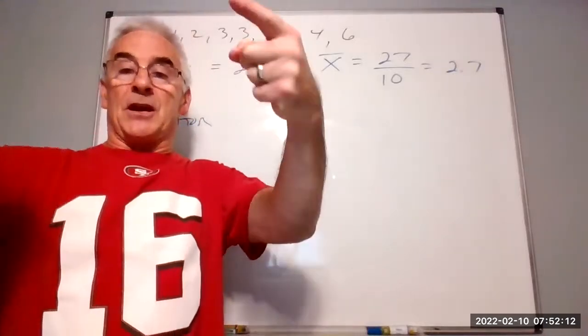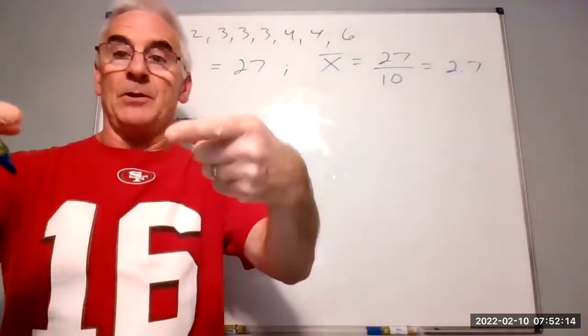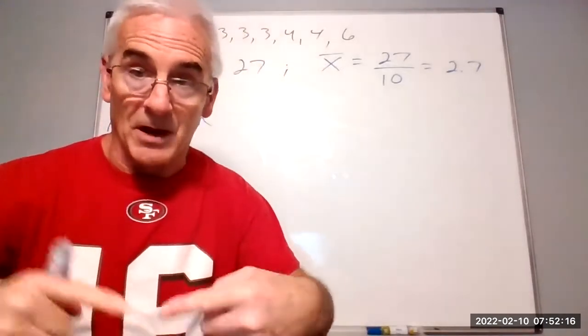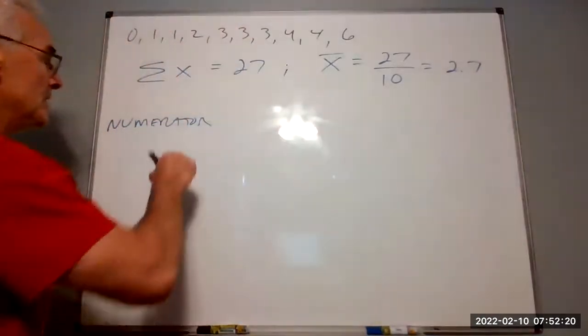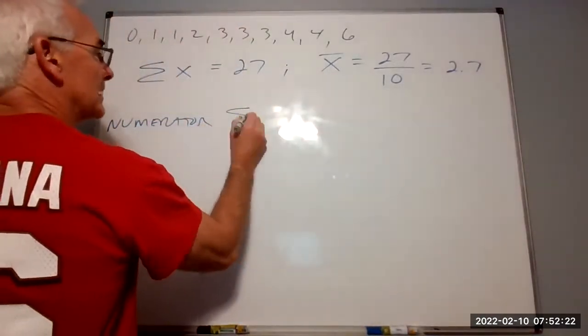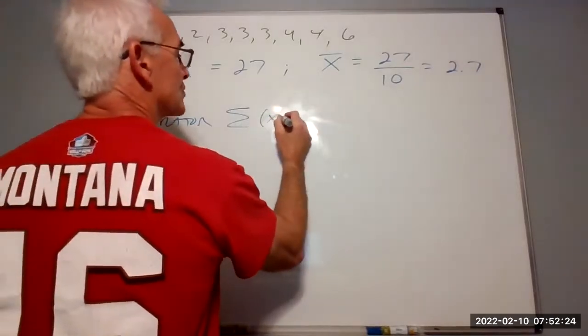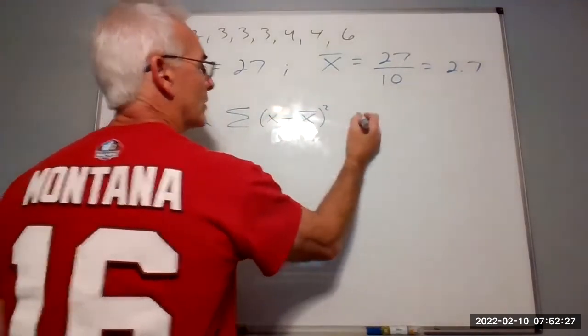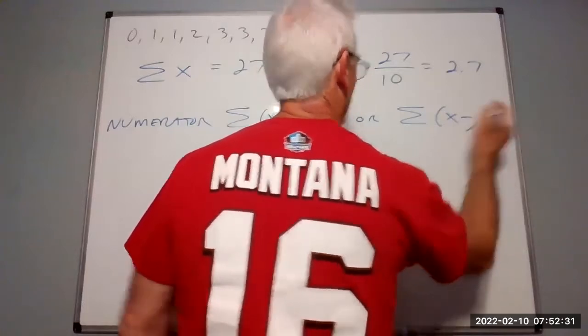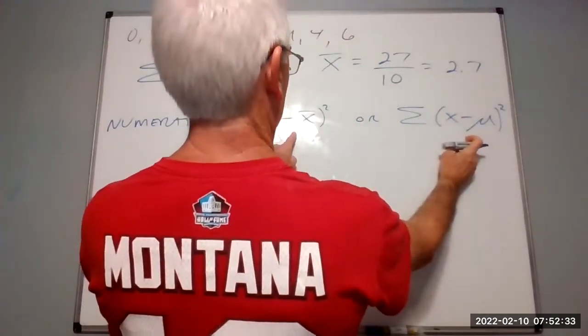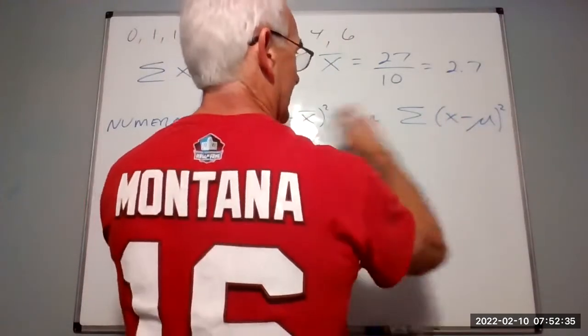The only difference is, am I dividing by the number in my sample, or am I dividing by the number in the population or the number in the sample minus 1? That's the only difference. So the numerator is going to be the sum of each score minus the mean squared. But this calculation is the same. It's a number minus a number, and I'm squaring it.